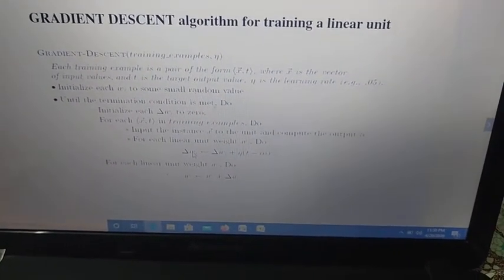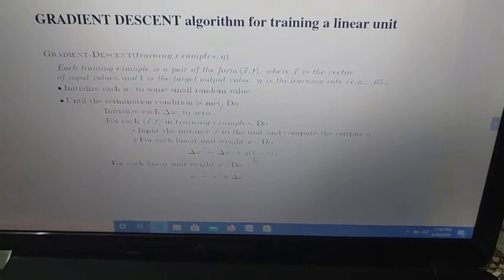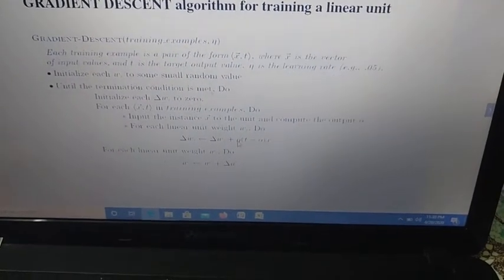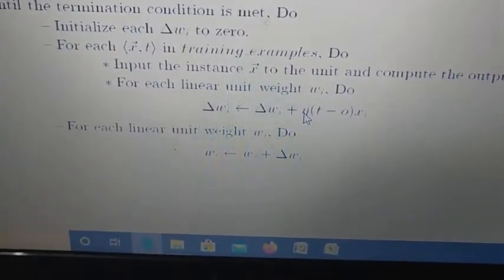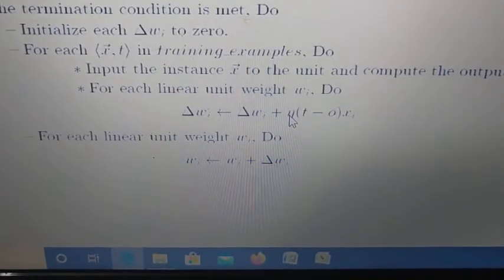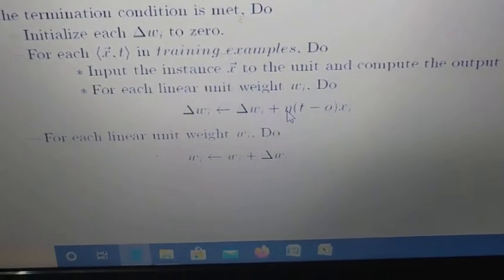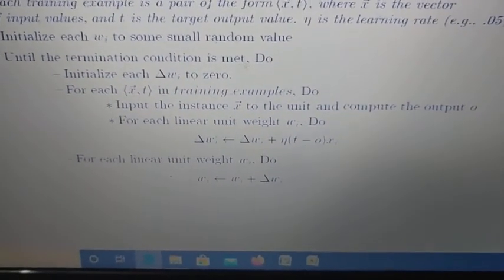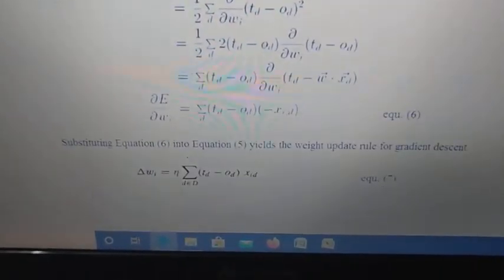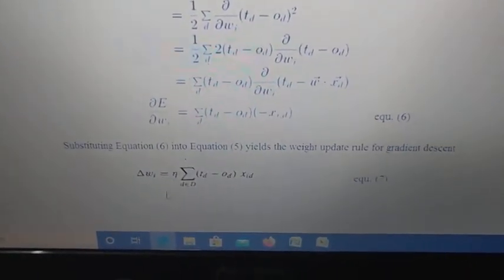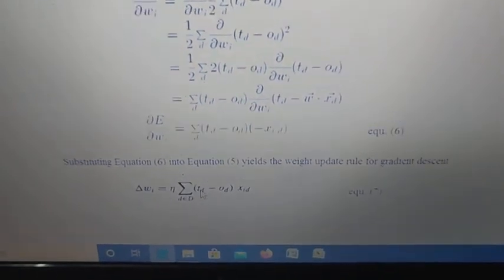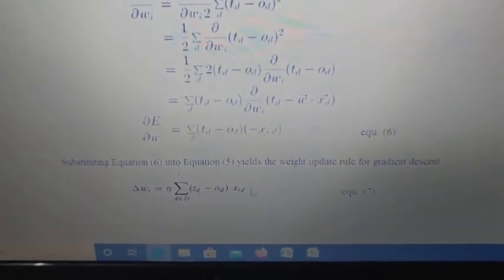Now I have to change the delta wi value. So what is a delta wi value? As per our derivation, delta wi equals delta wi plus eta into t minus o into xi. How have we got this? We got this from the previous derivation, that is delta wi equals eta times the summation of td minus od into xid.